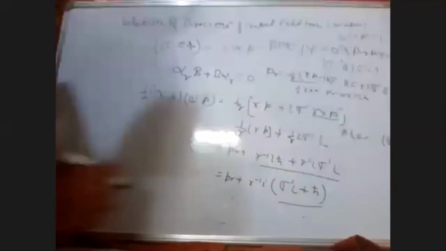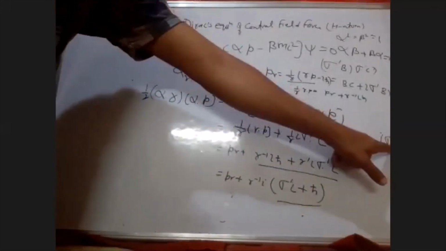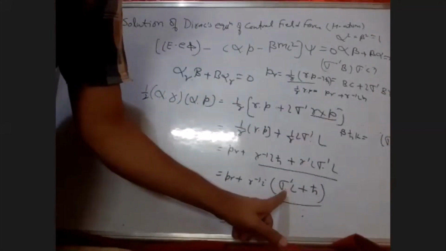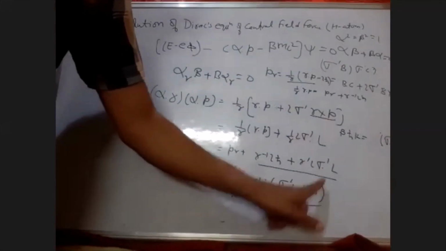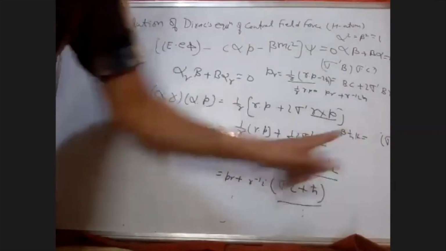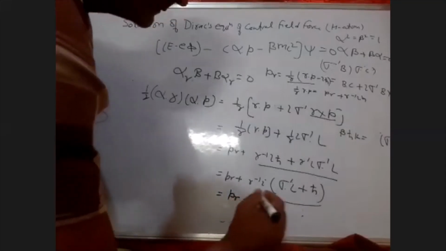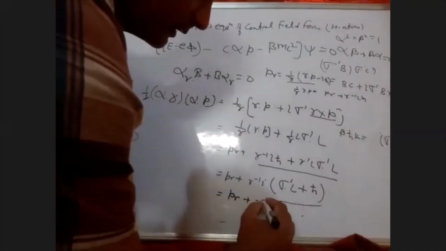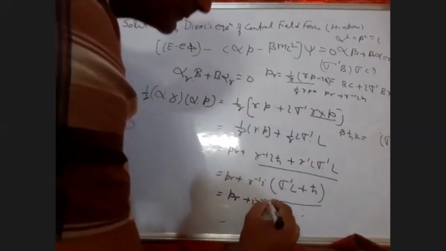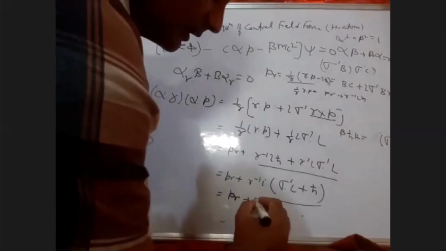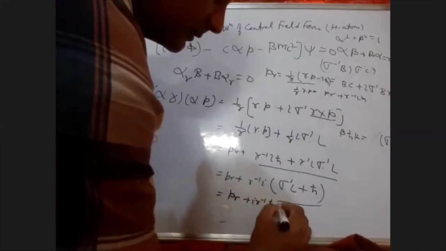If we multiply beta here, beta h cross k, so we get beta square sigma dot L plus h cross k, and the value of beta square is 1. So beta h cross k is equal to sigma dot L plus h cross. So we can replace sigma dot L plus h cross with beta h cross k. So that is equal to pr plus i r inverse h cross beta k.